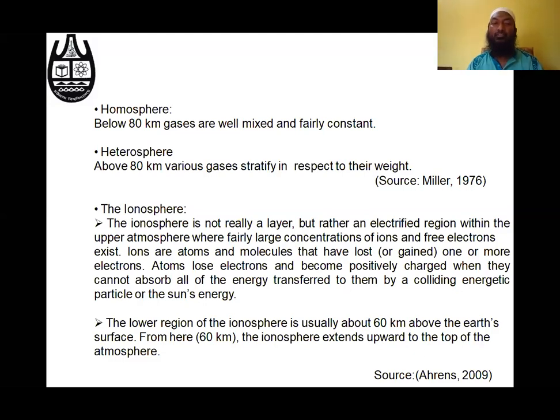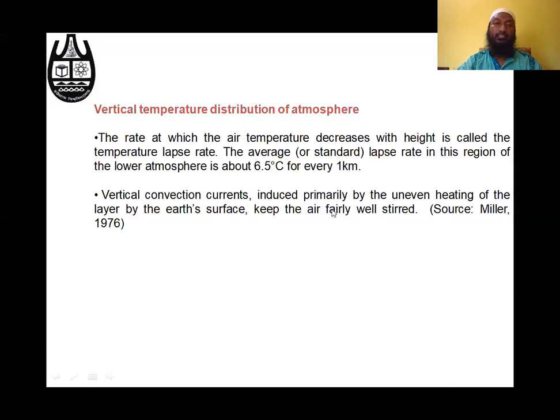These ions are atoms and molecules that have lost or gained some electrons, so they become electrically charged when they absorb a high amount of energy transferred to them by colliding energetic particles, or from the sun's rays. The lower region of the ionosphere is normally said to be at 60 kilometers, and it can vary depending on other factors. So this is the way we can divide it.